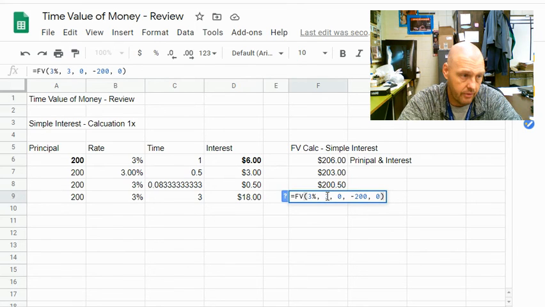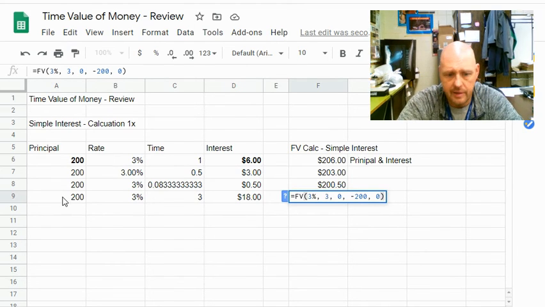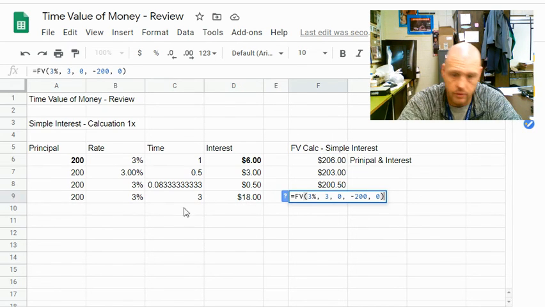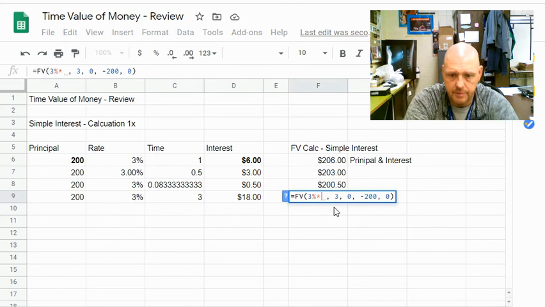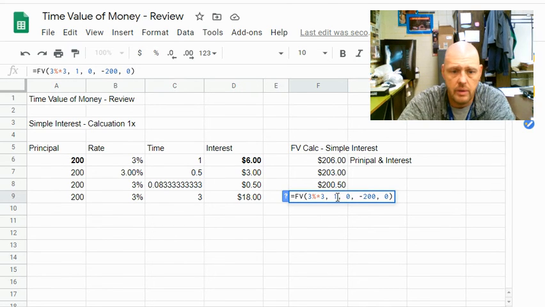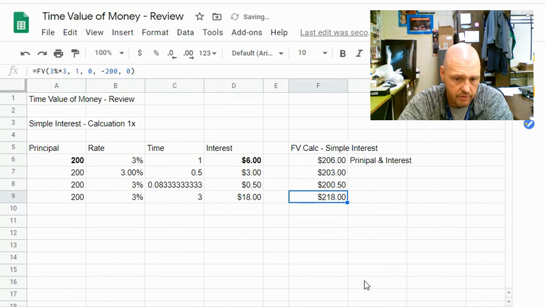Well, that's compound interest, right? If I'm saying I'm doing this calculation 3 times, I take the principal times rate times time, get the interest, add it back, then do it again, then add it back, then do it again. I need to take my 3% interest and multiply it by 3 because I'm doing 3 full years. And my N per is still only going to be 1 as we calculate simple interest. Now I should get $218 even.